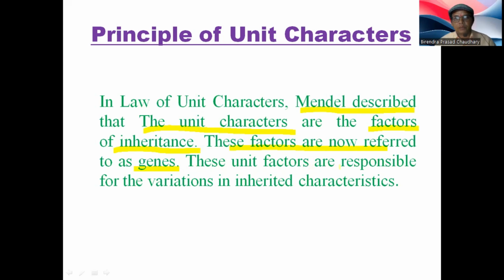These unit factors are responsible for the variation in inherited characteristics. भनेको जब इनहेरिटेन्स हुन्छ, अनि अफस्प्रिङमा देखा पर्ने भेरिएसनको कारण पनि के हो, जीन नै हो, जसलाई हामी अहिले जीन भन्छौं. त्यही नै according to Mendel फ्याक्टर हो. फ्याक्टरले गर्दा नै इनहेरिटेन्स हुन्छ र इनहेरिटेड क्यारेक्टरमा देखा पर्ने भेरिएसन पनि त्यो फ्याक्टरबाटै आउँछ.